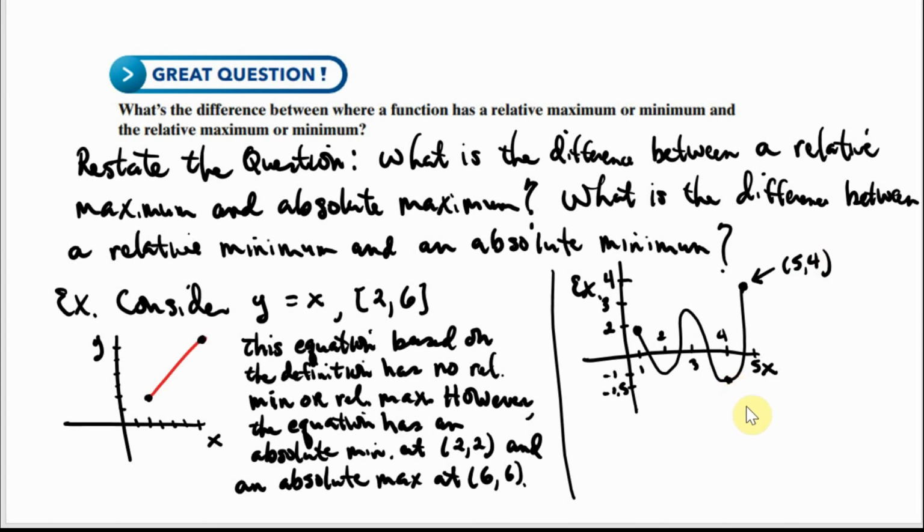This point here is 4, -1.5. This value is 2, -1. This guy here is 3, 3.